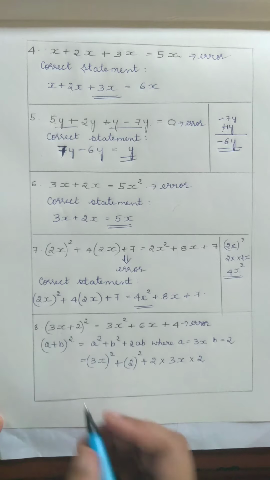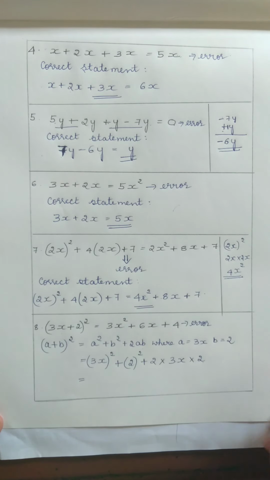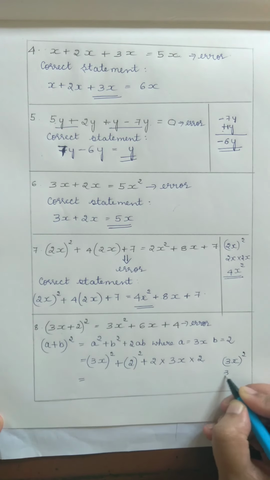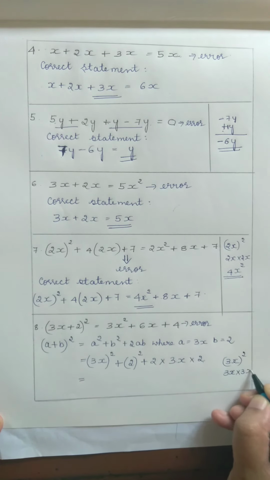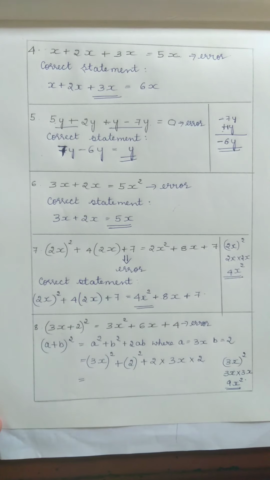Now when you further simplify, 3x whole square means 3x into 3x. 3 3s are 9. x into x, it is x square. Therefore 3x whole square will be equal to 9x square.